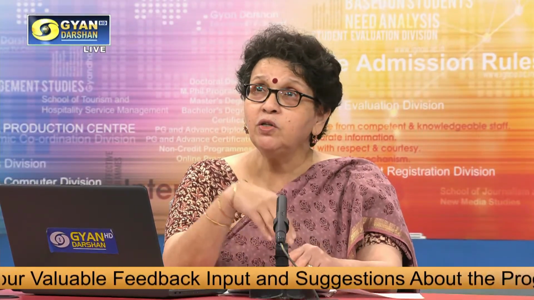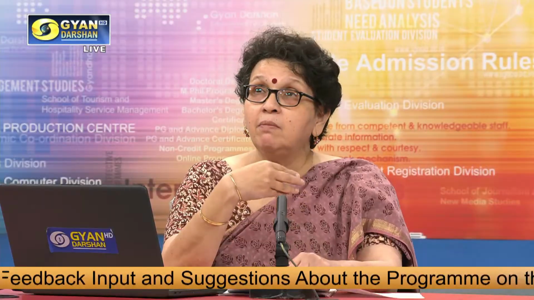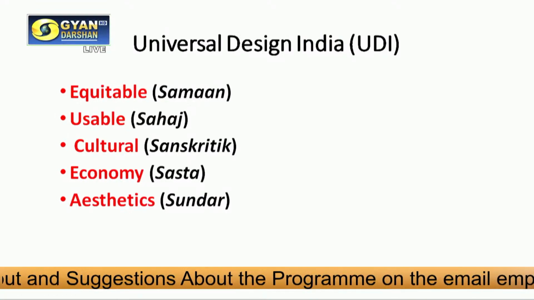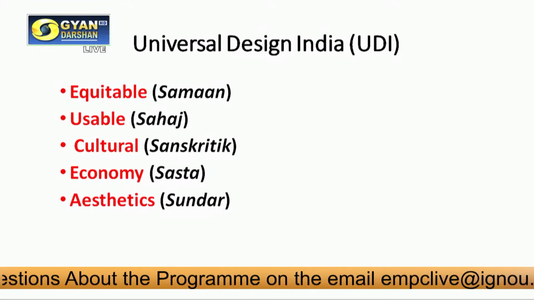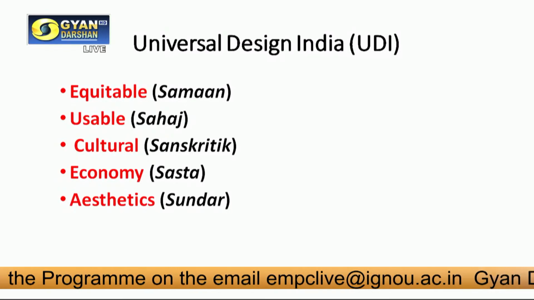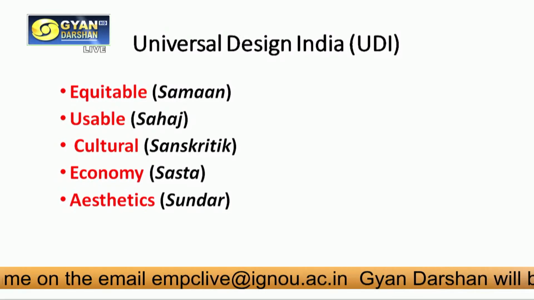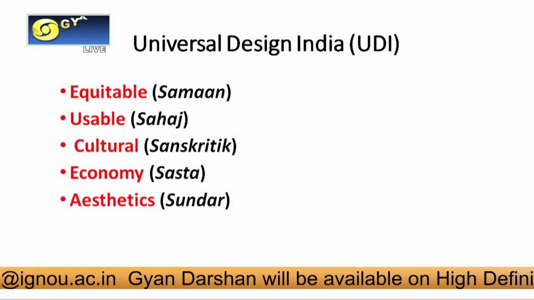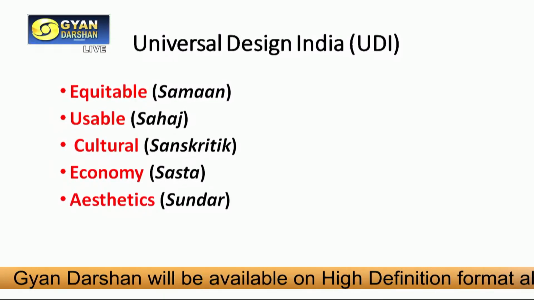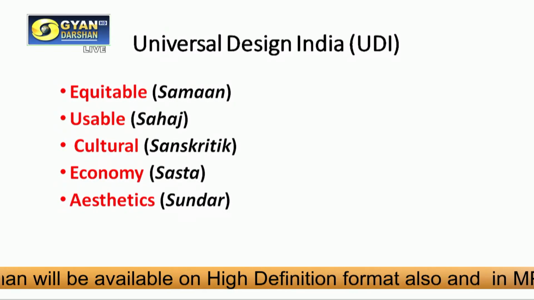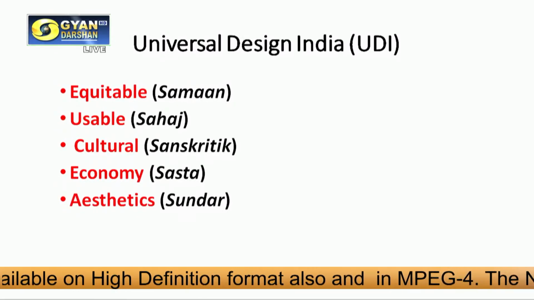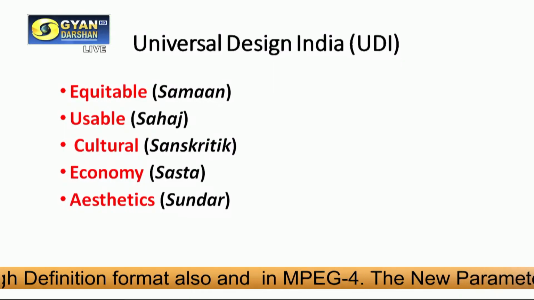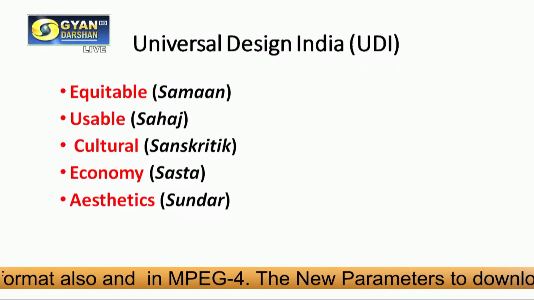Now, there is also a very interesting way of thinking about universal design from an Indian or culturally specific perspective. Rather than just adopting Western ideas without really looking at our Indian context, which would not be a very good idea, Universal Design India looks at universal design from our own cultural perspective. There are some very interesting principles of Universal Design India.